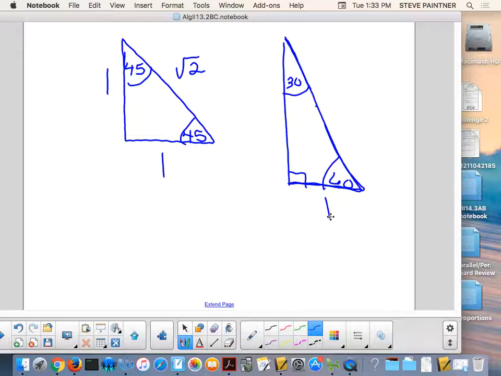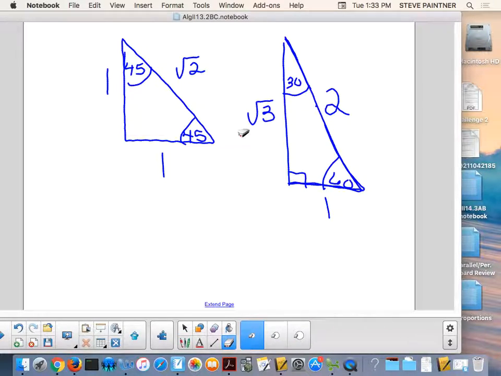And then the hypotenuse would be what, guys? Twice as long as the short side, 2. And then the long side would be the short side times square root of 3. And again, I don't want the 1 there, so I'm going to get rid of it. And there's my numbers.